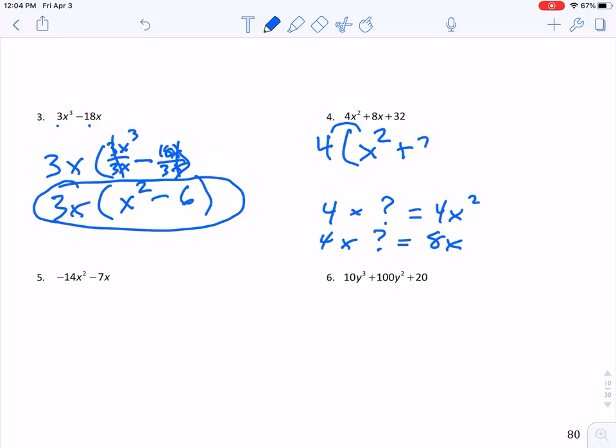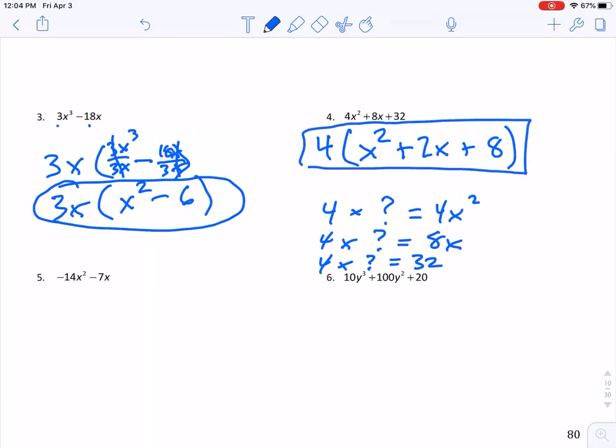Well, 4 times 2x is going to be 8x. Again, we're just kind of working backwards and getting that. Okay? And then finally, 4 times what is 32? Well, if you know that, that's just going to be 8. And we're done. So that's another way to think about it.